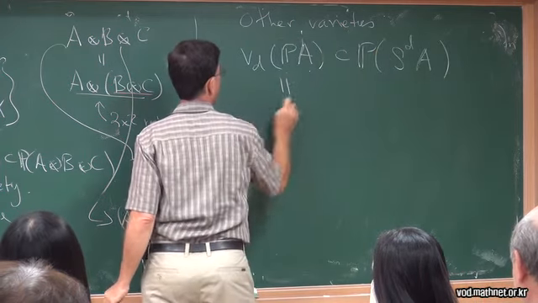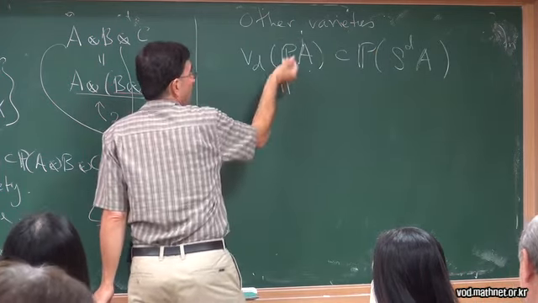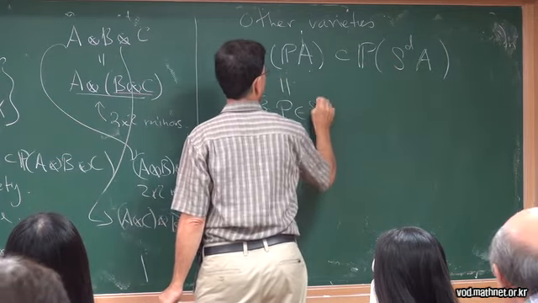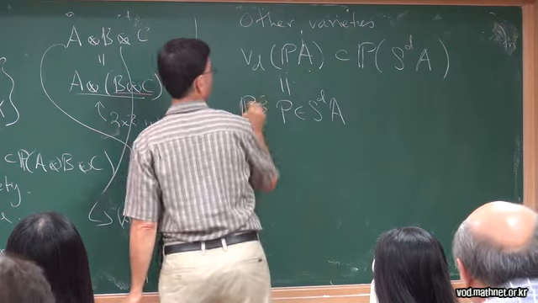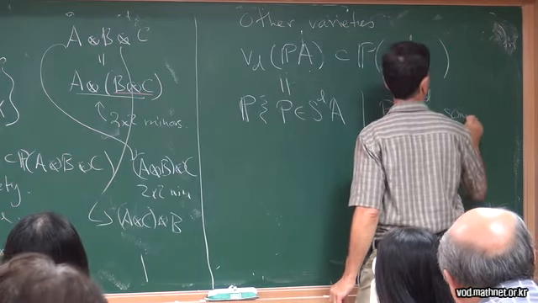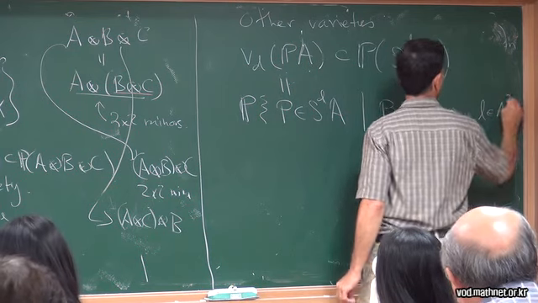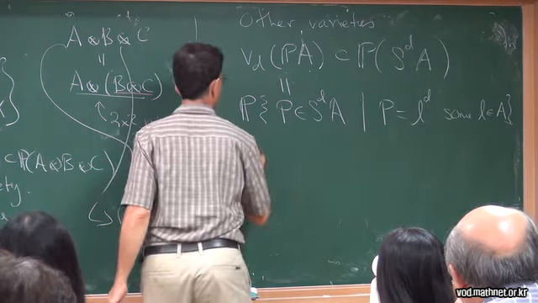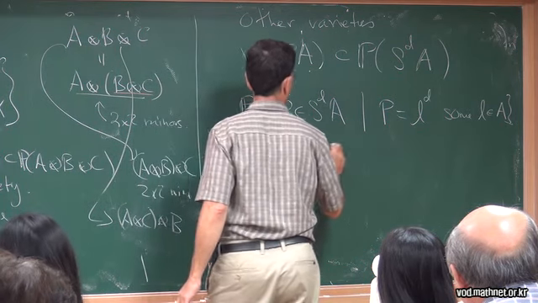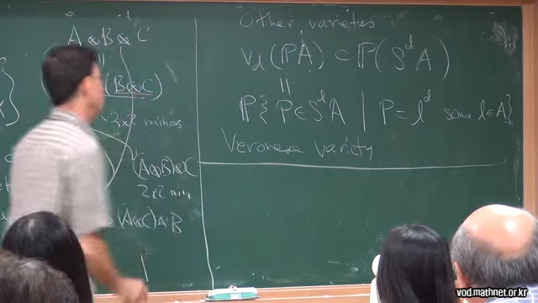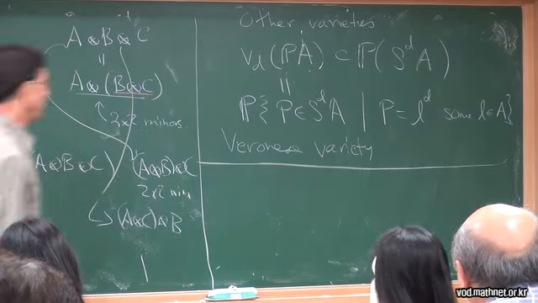These are the rank 1 and symmetric tensors. We could think of these as polynomials that are Dth powers. And I leave it to you to verify that this is the so-called Veronese variety, which is a very nice variety, and people spend lots of time studying it.